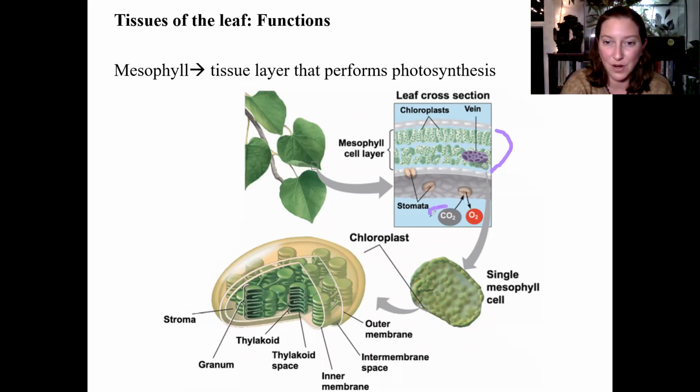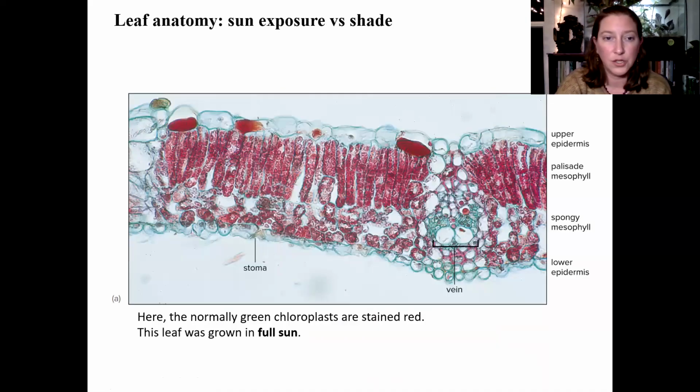So that's what this is showing you here. Look, CO2 gas is able to go in when the stoma is open, and when the stoma is open, oxygen gas is also able to go out. But we'll learn more about photosynthesis in another lecture.